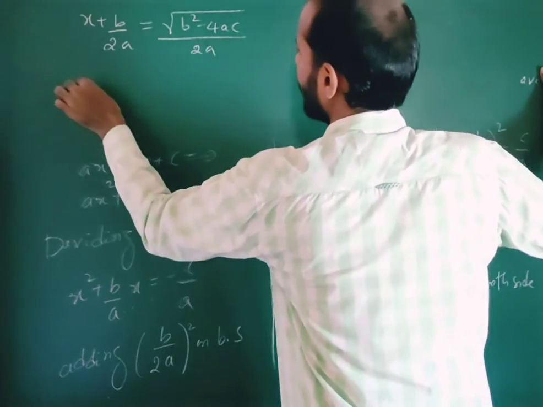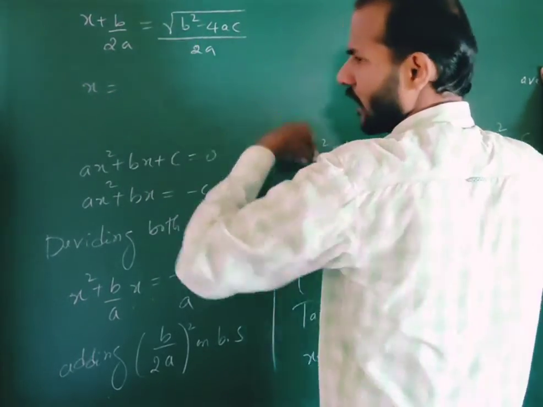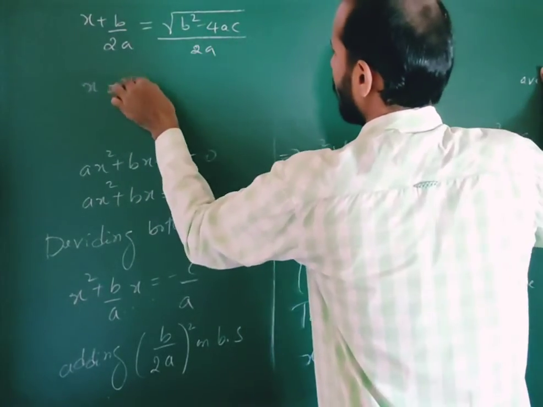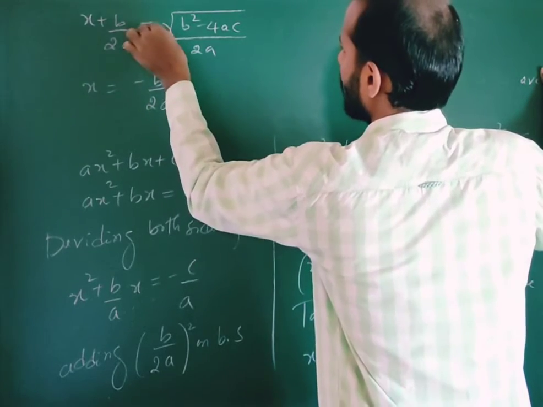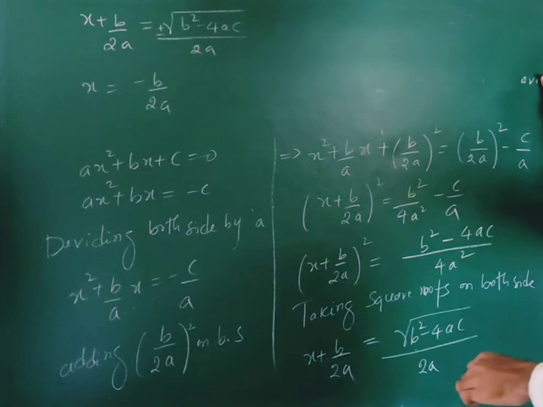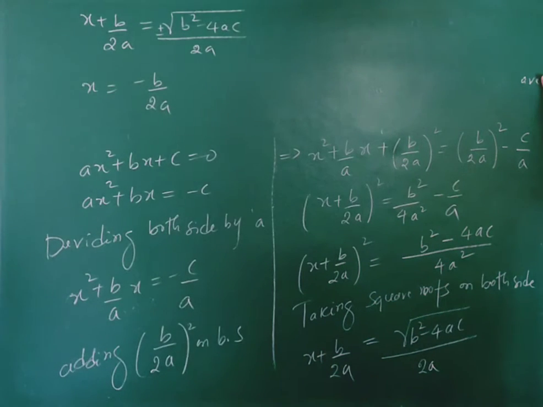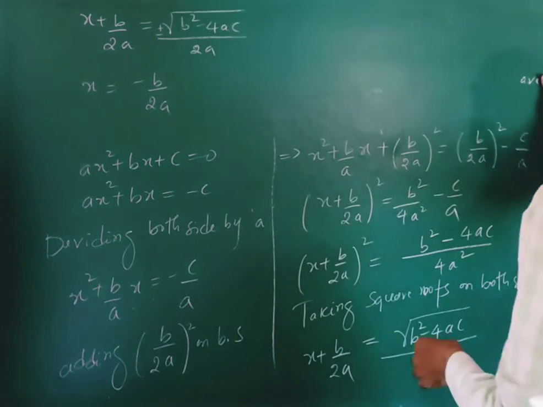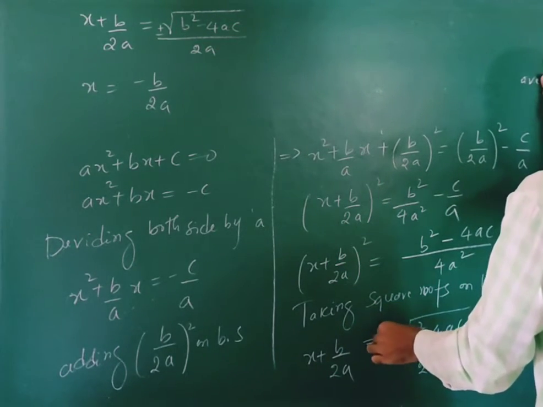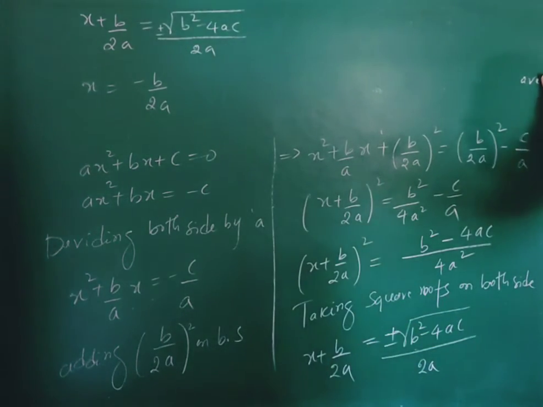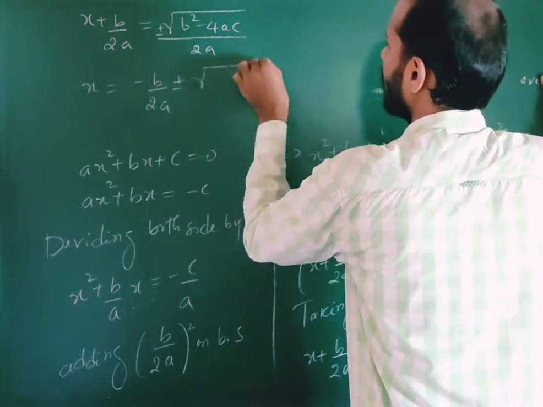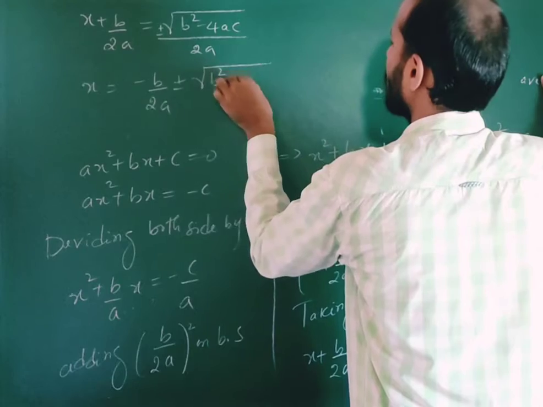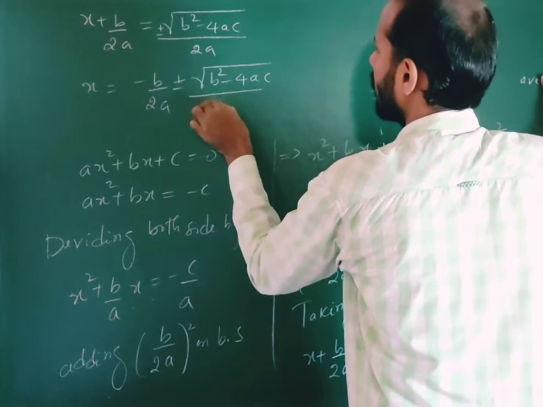Now x as it is here only, this term take on RHS, that is minus b by 2a. It is simply nothing but plus or minus is there. In root, what we get? Plus or minus b square minus 4ac, right? After applying root, what we get here? Plus or minus b square minus 4ac. Therefore, similarly, minus b by 2a plus or minus under root of b square minus 4ac upon 2a.